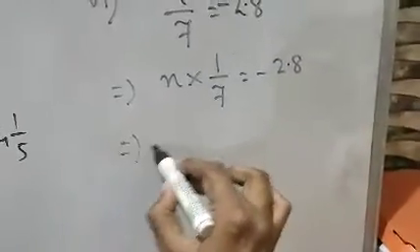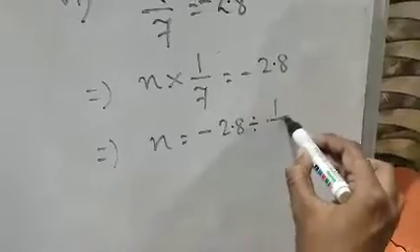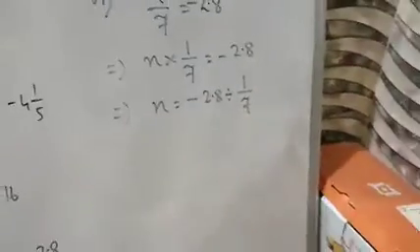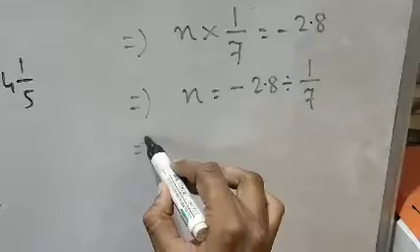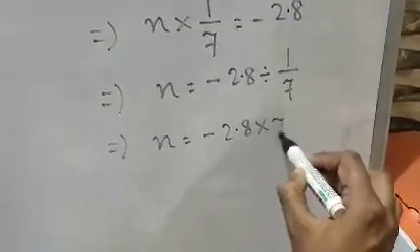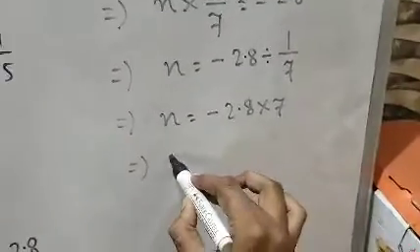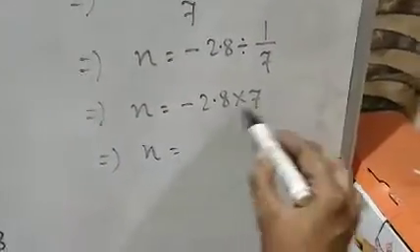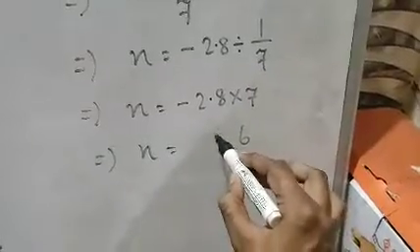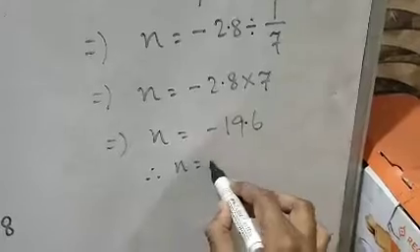In the same way, when you transfer this 1 by 7, it will be division. Converting from division sign to multiplication sign, it will be like this. Now just multiply. Answer is minus 19.6.